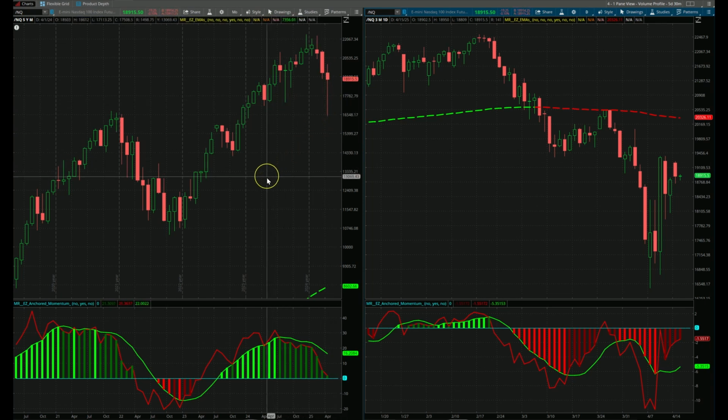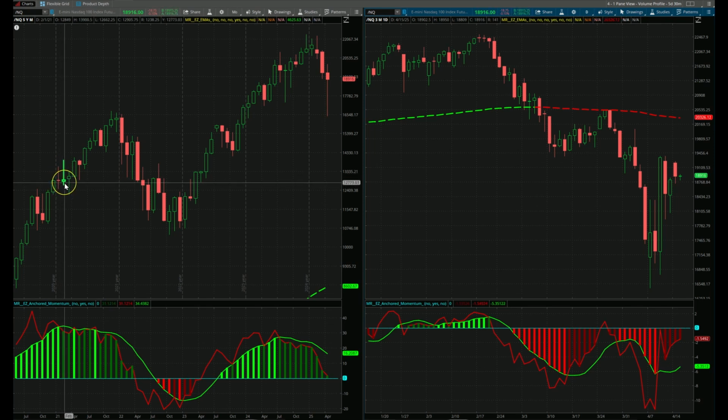So, furthermore, on the 5-year monthly here, talking about divergence, you have strong momentum coming in here on the anchor momentum indicator. Strong coming in up here, but you're getting hints of selling right here. The bulls push it up and the bears push it down.